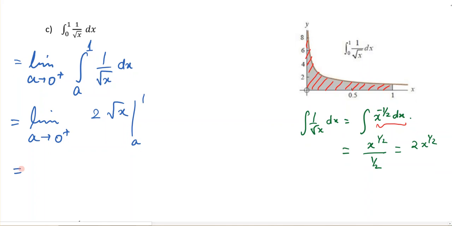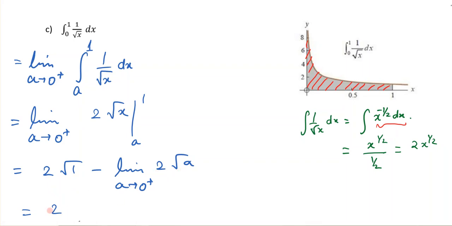So we do upper limit minus lower limit. When we apply the limits, we get 2 square root of 1, which is just 2, and then 2 times 0, which is just 0. So overall, we get 2 in the end.